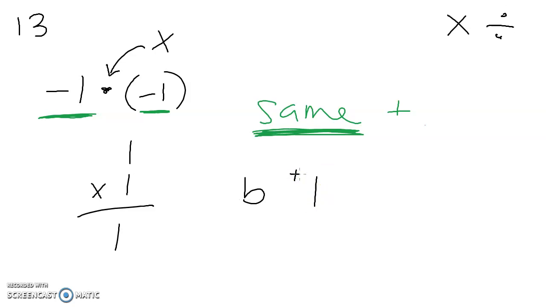So this is an interesting problem because this is what they call one of the identities. It's a special problem in that it seems very simple, but is very foundational to the rest of multiplying integers.